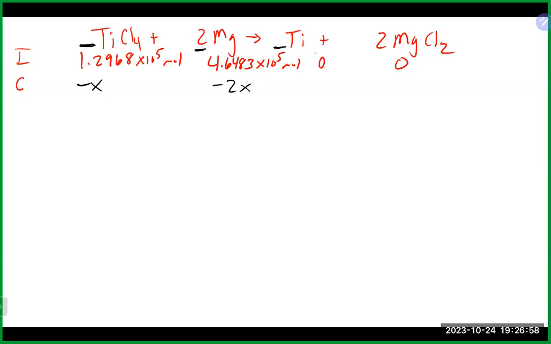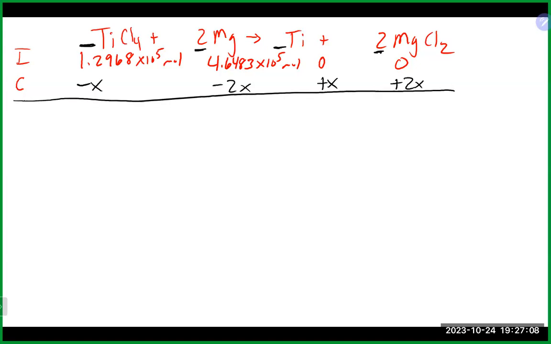Over here, that's a 1, which means this is going to be plus x. And over here, that's a 2, so that will be plus 2x. Any questions on that? As I mentioned earlier, if you do not put those coefficients in, you pretty much didn't do the mole to mole part of it, which is what stoichiometry is about, so you will get the wrong answer.